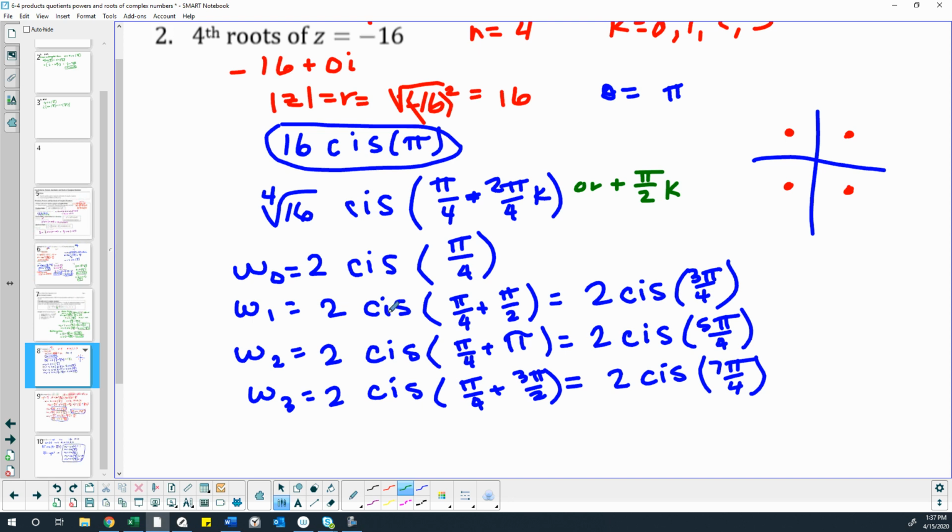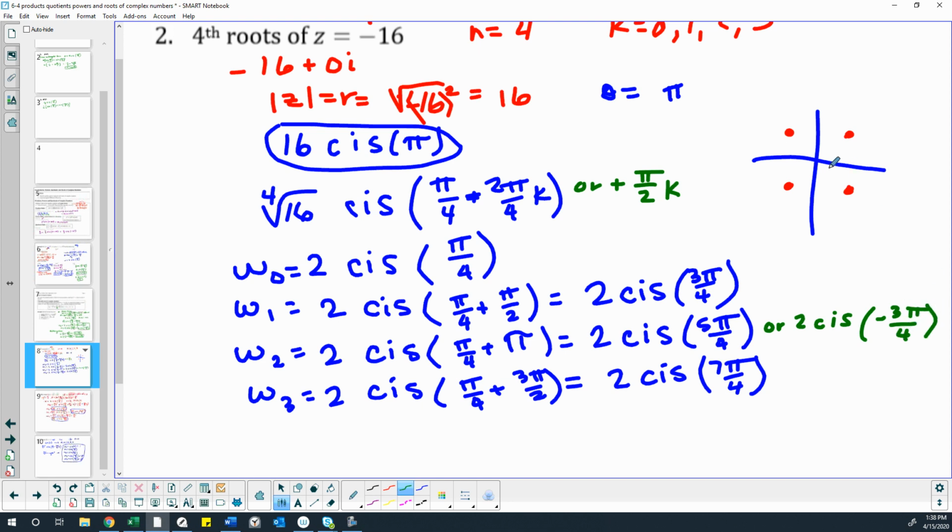Then 2 times cosine plus i sine of pi fourths plus pi halves when k equals 1, which is 3 pi fourths. And then 2 times cosine plus i sine of pi fourths plus 2 times pi over 2, which means we're adding pi. So that would be 2 cosine plus i sine of 5 pi fourths, which technically based on the range of the angle, we should do instead as negative 3 pi fourths.